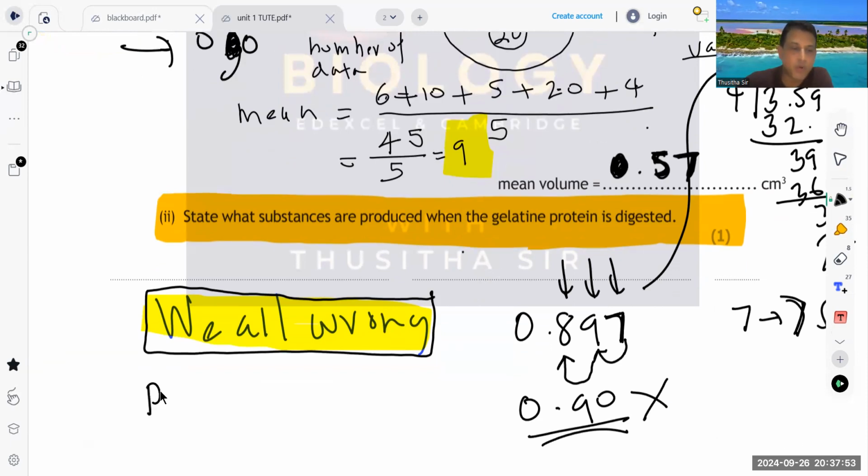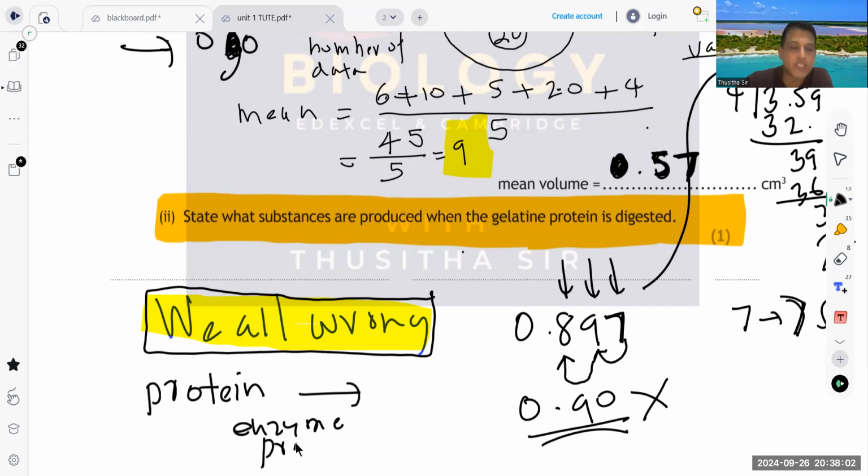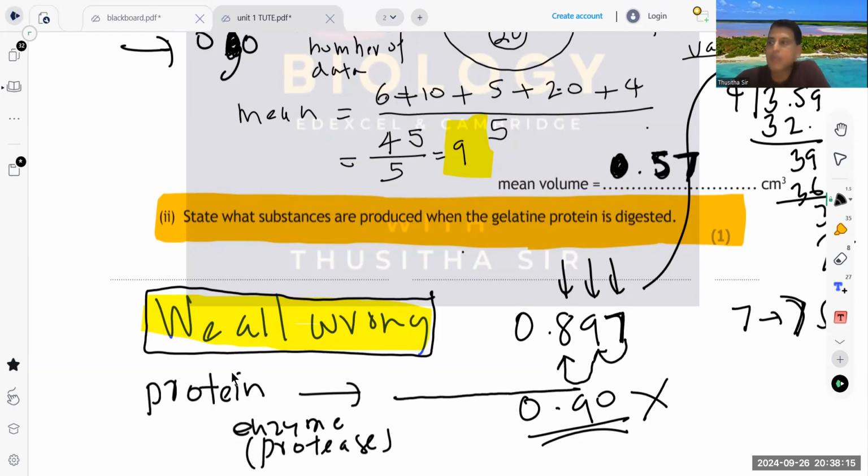So now if you write protein here, broken down by enzyme, protease. This is your knowledge from digestion. What does it make? Protein breaks into its building blocks.